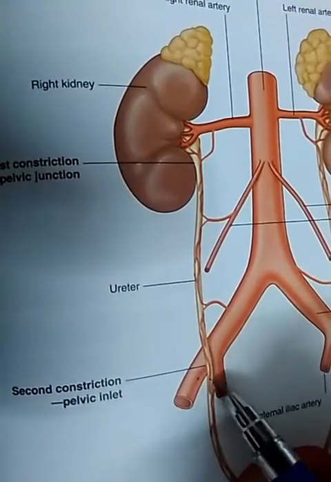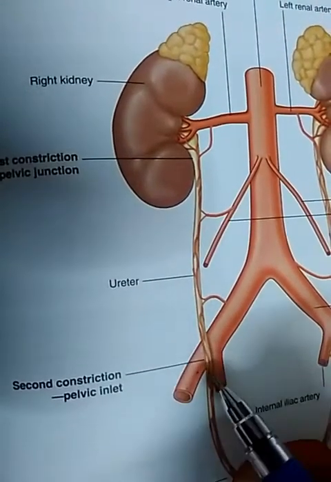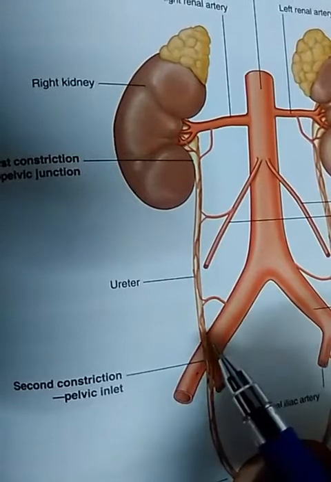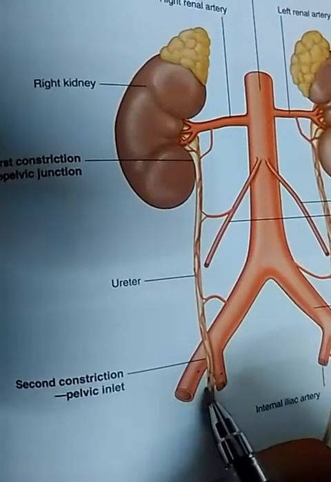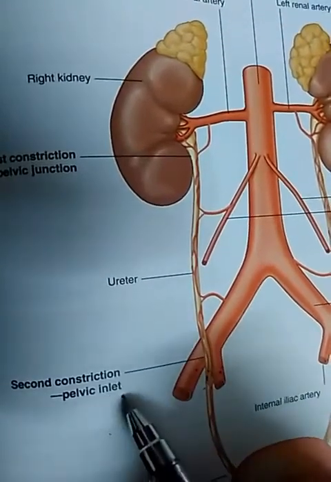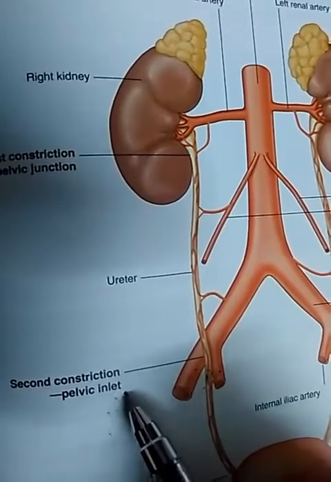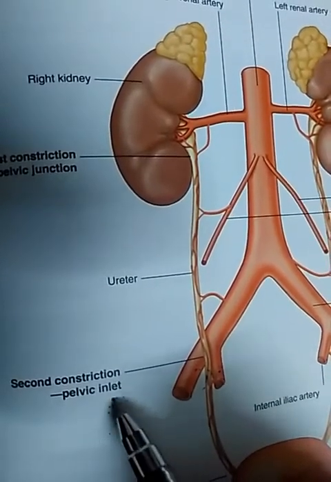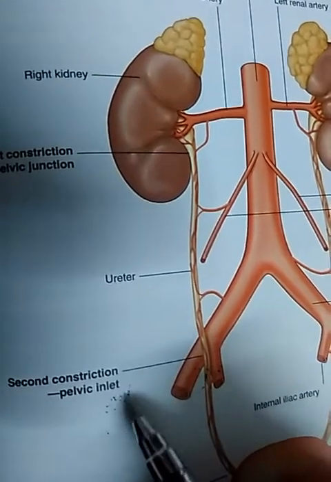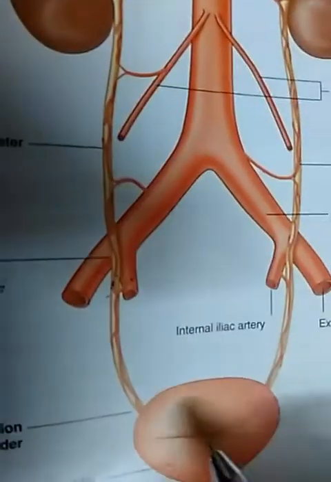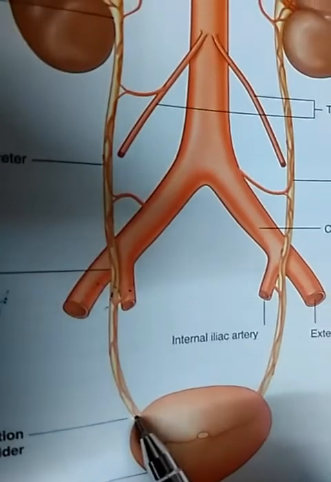This is external iliac, this is internal iliac. So ureter crosses anterior to these iliac vessels. Okay, and this crossing of iliac vessels as well as the constriction is present here at the pelvic inlet or the pelvic brim. And third constriction is present where it meets the bladder.